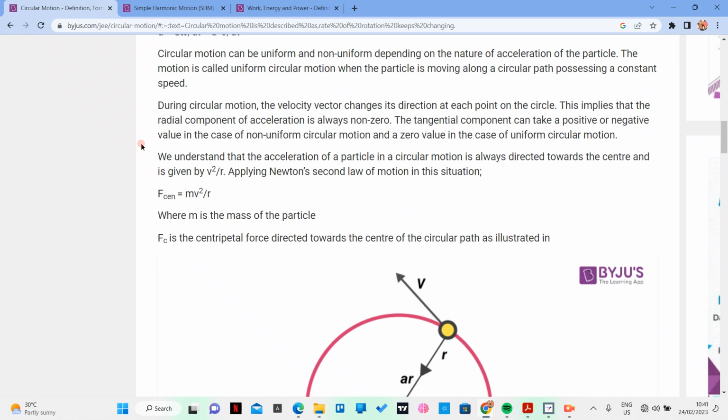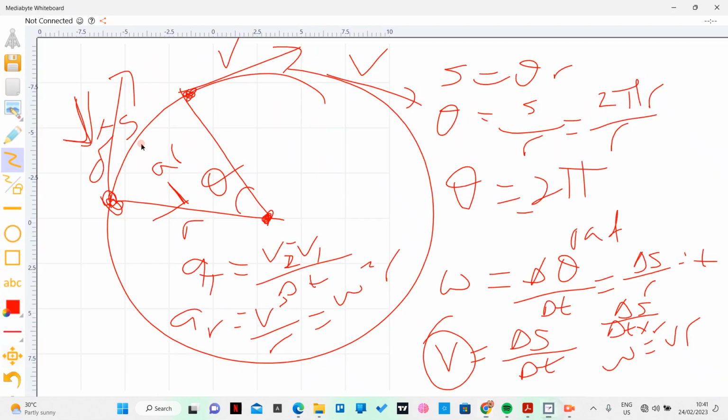During circular motion, the velocity vector changes its direction. I just said that before. The direction changes at each point on the circle. As I drew here, the velocity is always changing at every point in time, just to make sure that the object is following the circular path.